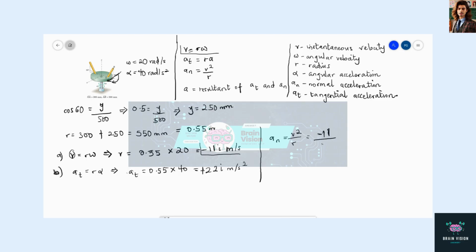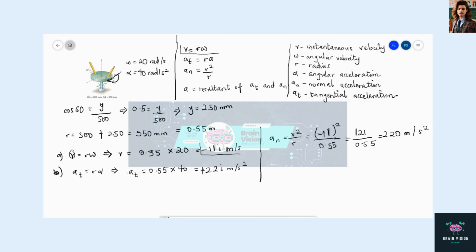The radius is 0.55. And this is 121 over 0.55, which is equal to 220 meters per second squared.